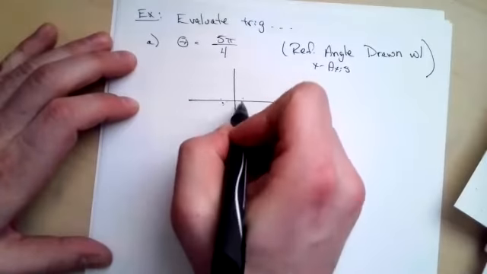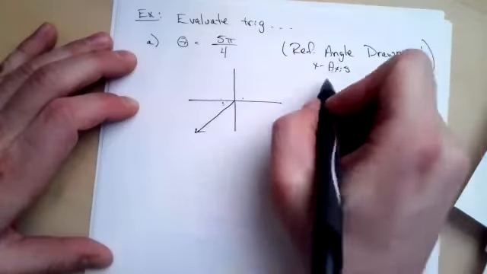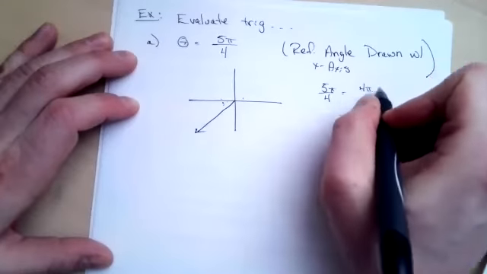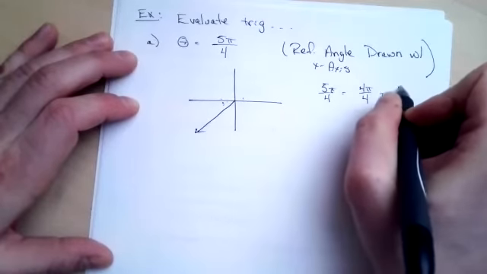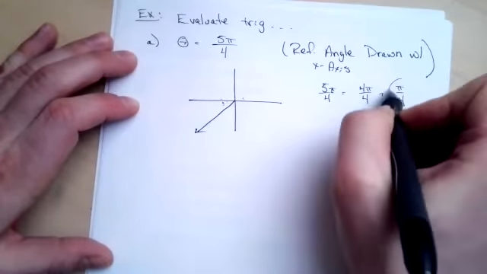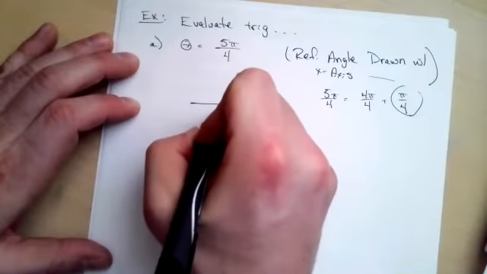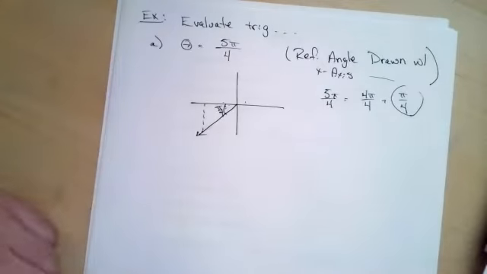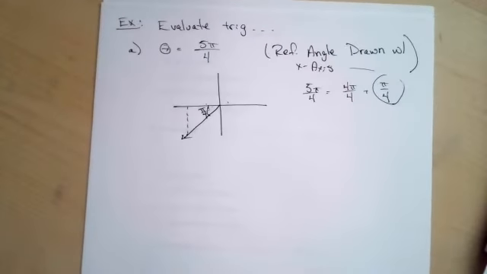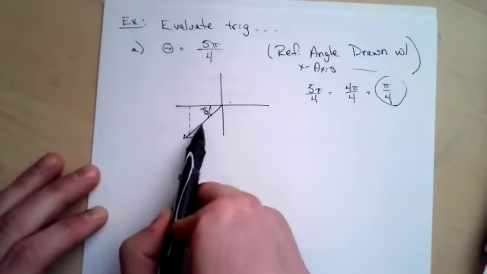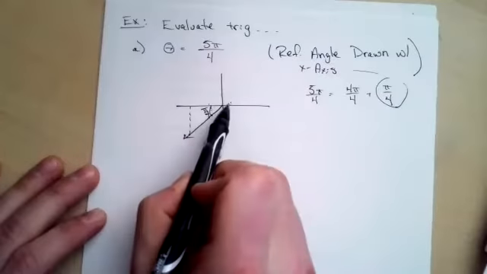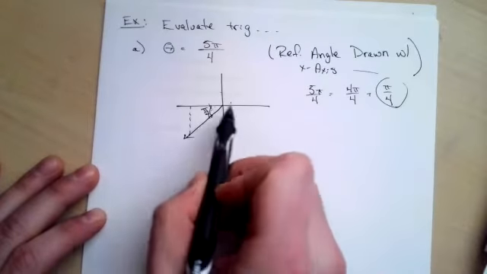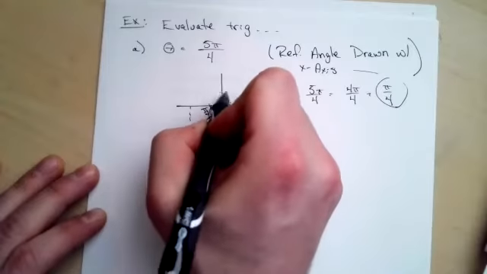Well, we go 4 pi over 4 and then one more. So this term here tells us that the reference angle we are looking at is a pi over 4 reference angle, and it's just rotated around into this quadrant. We go 4 pi over 4 plus pi over 4 more to get an angle of 5 pi over 4.